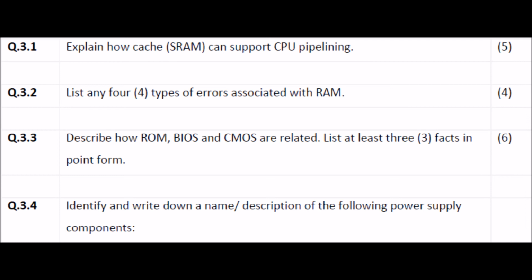So that's the same thing when you look at your SRAM or your cache. So it avoids the bottlenecks, looks at a systematic execution of these instructions, and how does it do this by preloading these instructions.